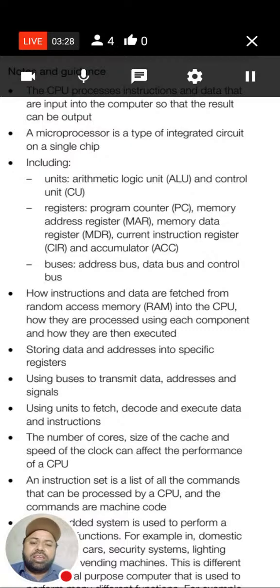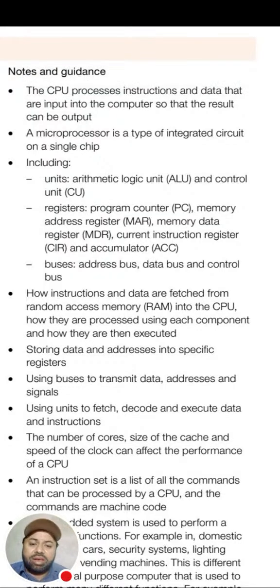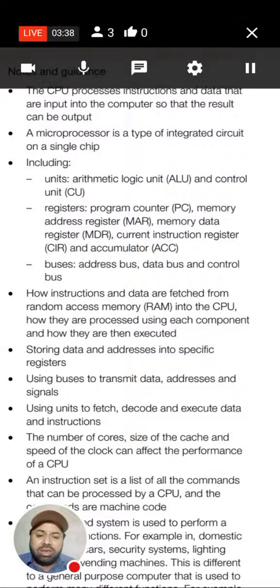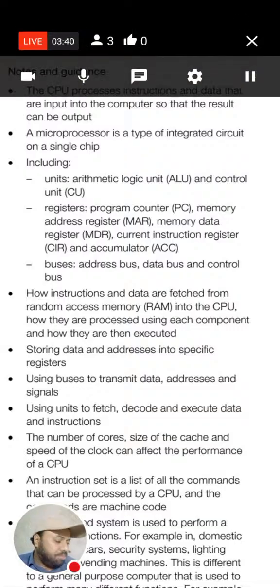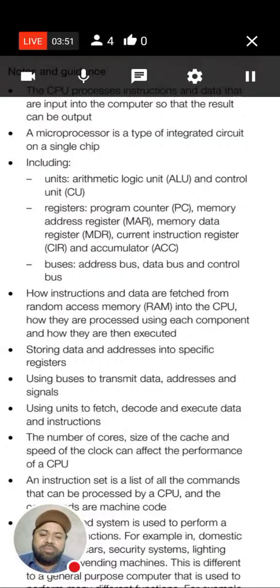Then there are some registers, as I have already told you: the program counter, which keeps count of the instructions being processed, the memory address register, the memory data register MDR, the current instruction register CIR, and the accumulator. All these are very important, which we will study in depth from this book as well.